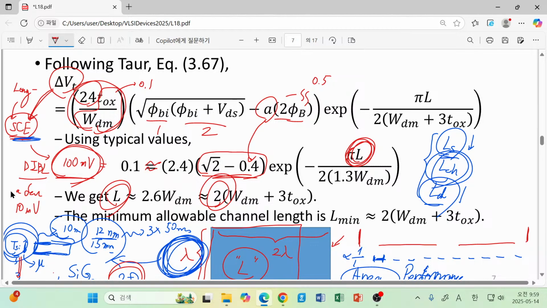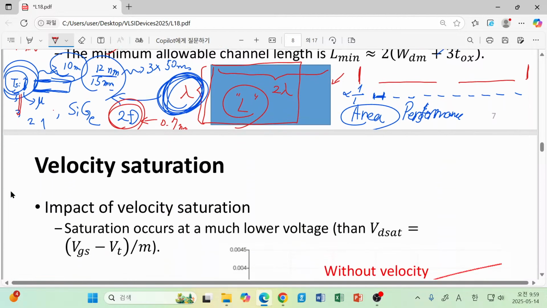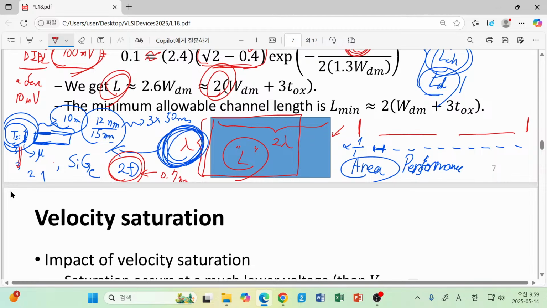Since the minimum length scale is 2 times the vertical thickness, that's the reason why we need to find a way to realize an extremely thin channel device. And maybe people think that a 2D channel allows us an extremely thin channel device.